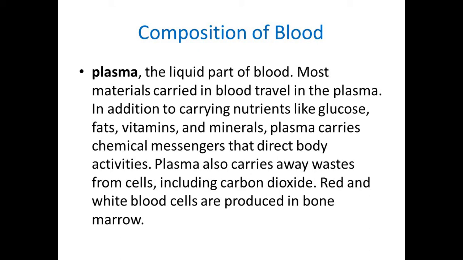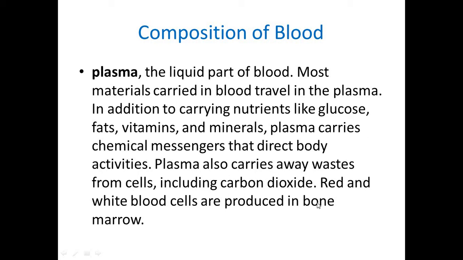Most materials are carried by plasma, like nutrients, glucose, vitamins, hormones or chemical signals. Also, plasma carries away from cells to the other systems carbon dioxide and wastes. Of course, white blood cells and so on.